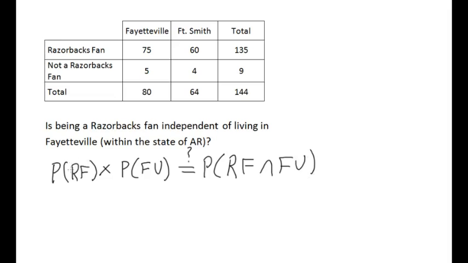All right, so the probability of being a Razorbacks fan, if we look at the Razorbacks fans overall, that's 135 out of the 144. Probability of living in Fayetteville, that's 80 people total out of the 144. The probability of being a Razorbacks fan and living in Fayetteville, that's 75 people out of 144.